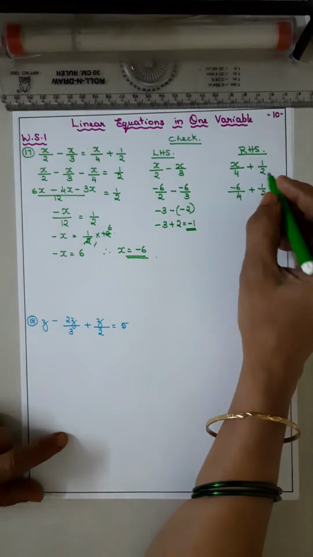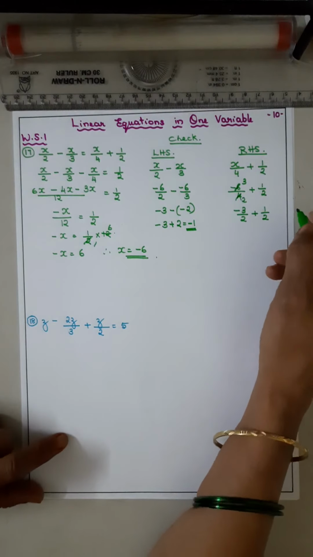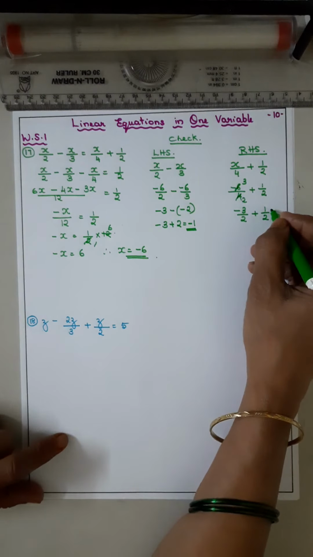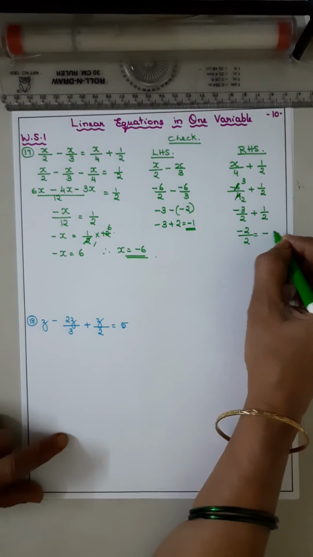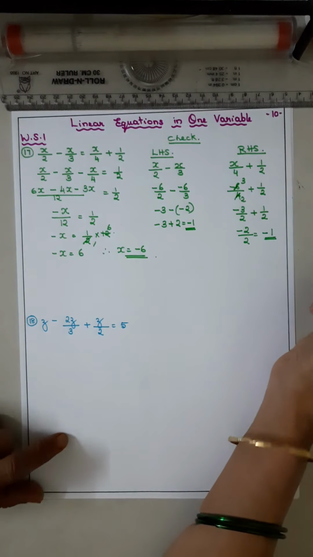You got minus 3 by 2 plus 1 by 2. Now the denominators are same. So it will be minus 3 plus 1. It will become minus 2 by 2. Now same number but sign is minus. So it will be minus 1.